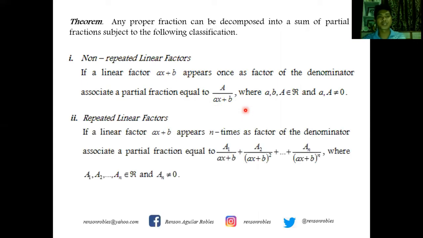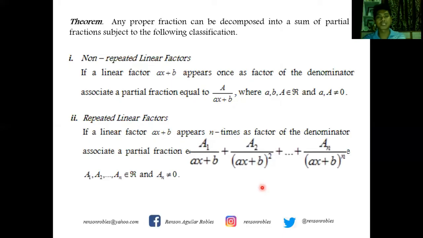For case number two, the repeated linear factors, if this linear factor ax + b appears n times as a factor of the denominator, then we associate a partial fraction equal to A1 over (ax + b) plus A2 over (ax + b)², running until An over (ax + b)^n.